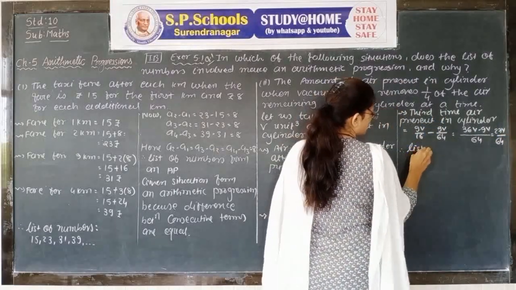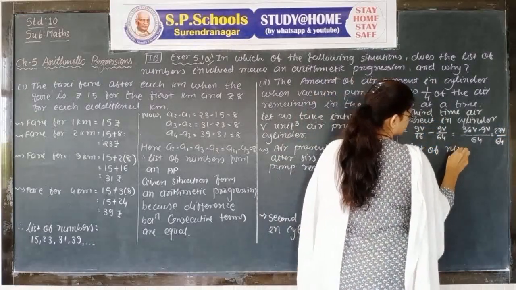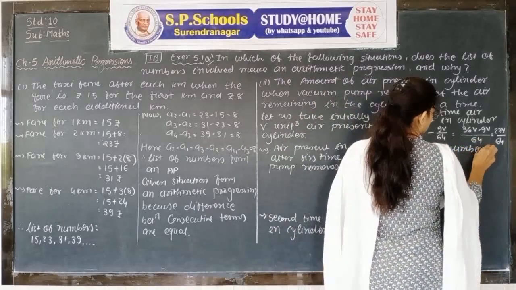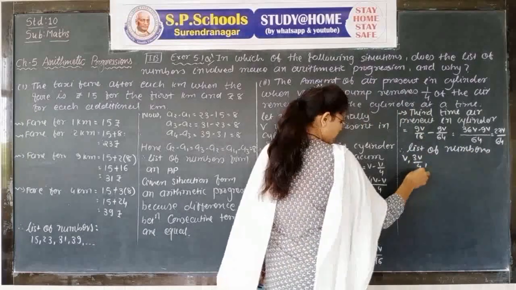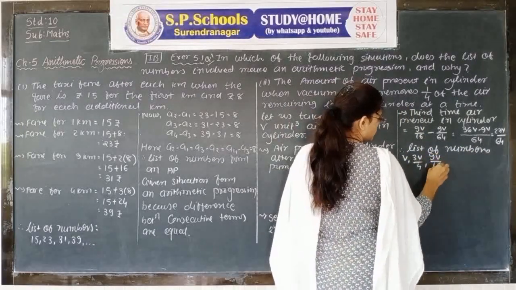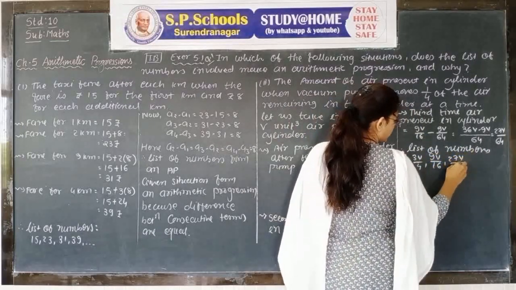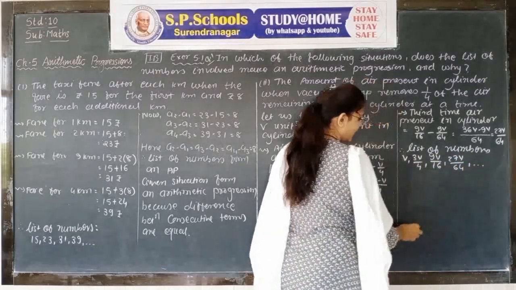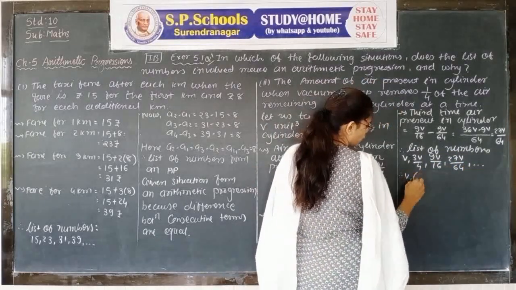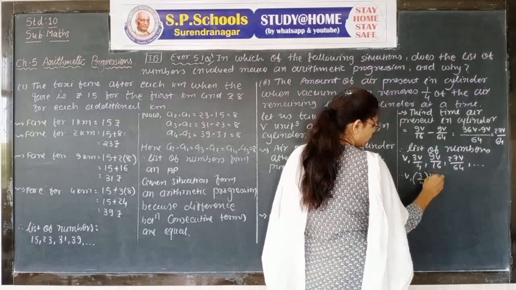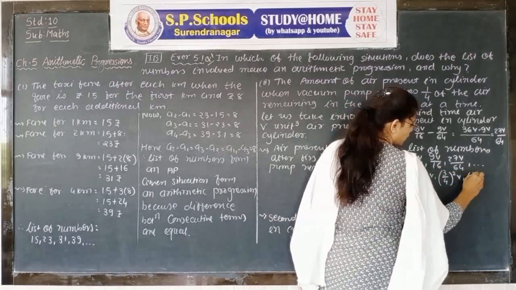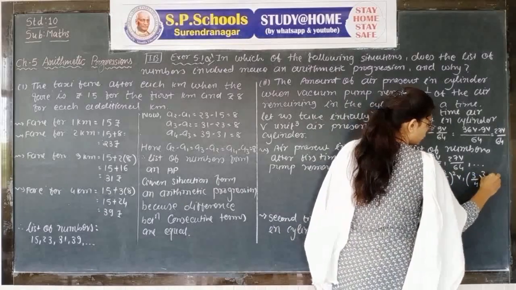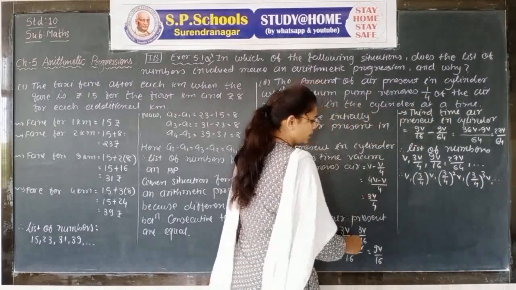Therefore, the list of numbers: V, 3V upon 4, 9V upon 16, 27V upon 64 up to infinite. It is of the form V, 3 upon 4 into V, 3 upon 4 square into V, 3 upon 4 cube into V up to infinite.